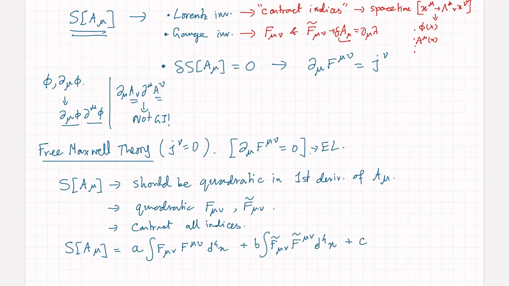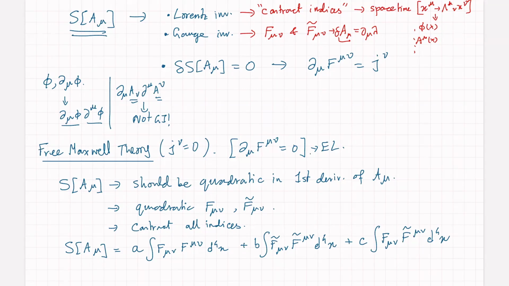And finally, I can consider a quadratic where F mu nu is contracted with F tilde mu nu, integrate over it, and put a different constant in front of it. This is the most general ansatz you can come up with if you're trying to write down an action which satisfies all these properties. This action is definitely Lorentz invariant, it is definitely gauge invariant, and it is going to give an Euler-Lagrange equation which has the correct structure, which has at least the hope of recovering this thing.